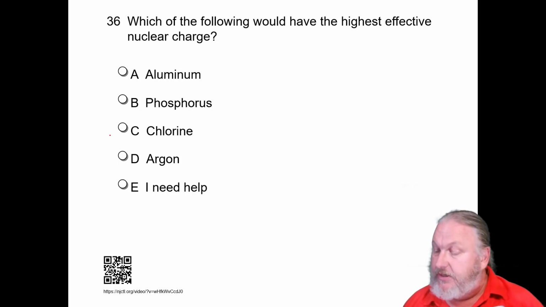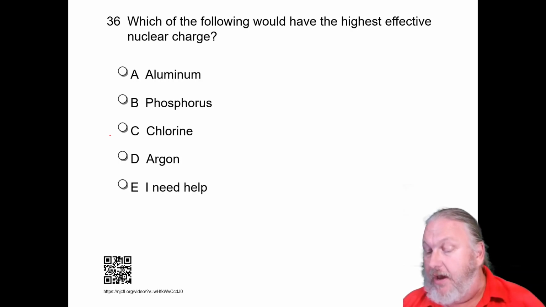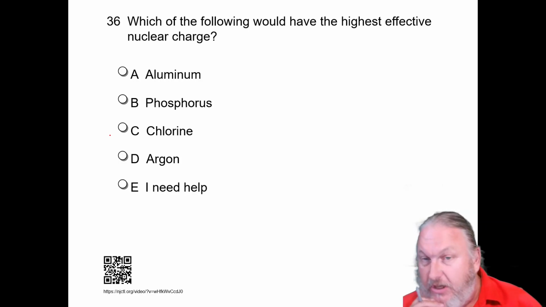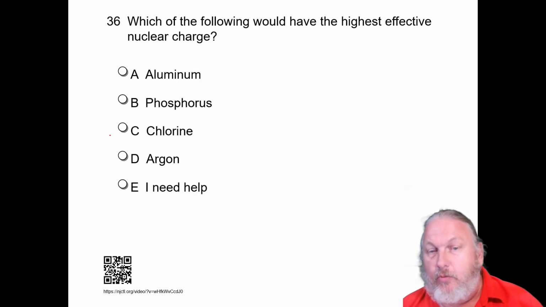Chlorine is in the third energy level, element number 17, and argon is also in the third energy level. The Z number for argon is 18, and for aluminum it is 13. They're going to have the same S number, which is going to be 10, because those are the inner shell electrons. So the highest Z would be argon.